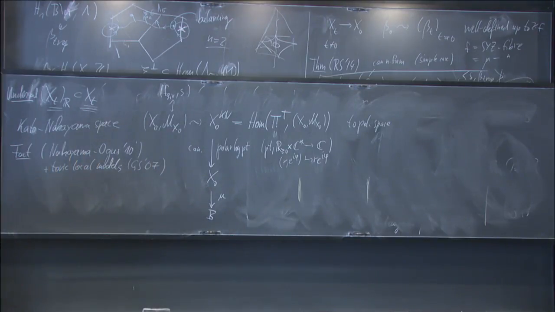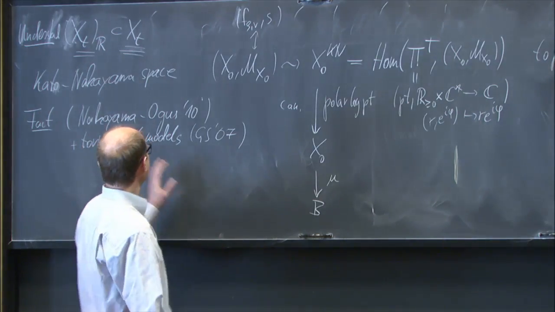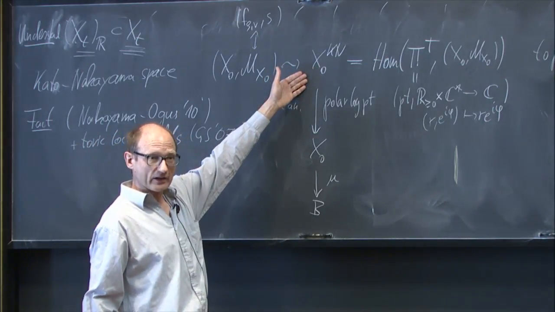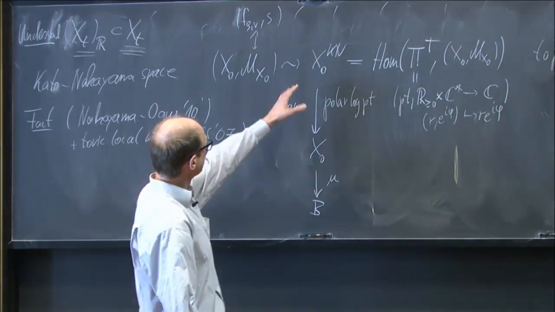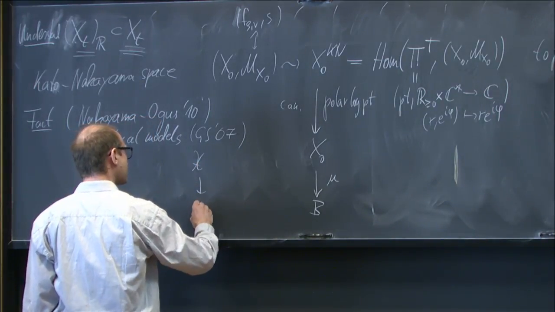That's not the reconstruction paper, that's another paper in 2007. That tells you that the Kato-Nakayama space of the thing actually reproduces the topology of an analytic model of the family.